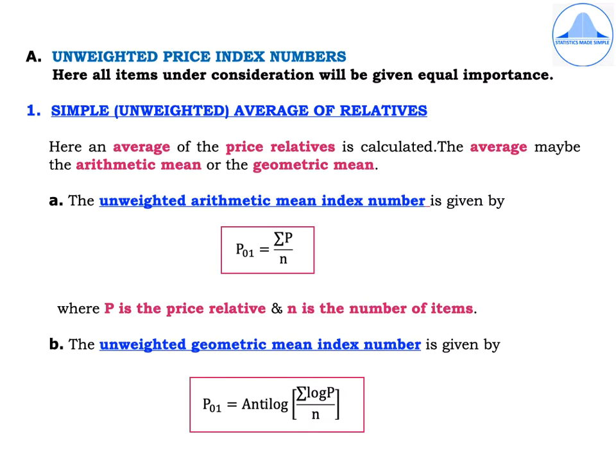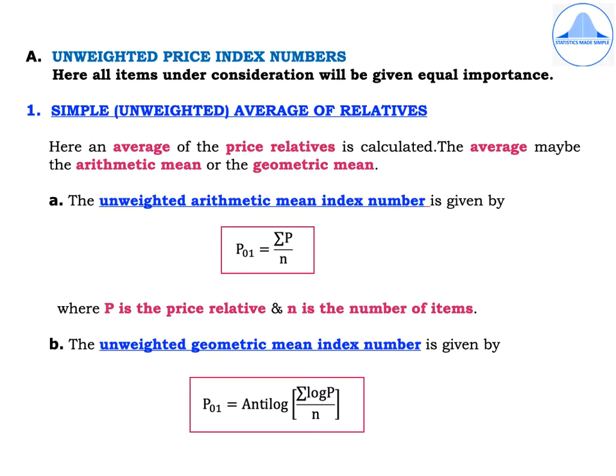When we hear the word relatives, we are talking about price relative, and you have learned in the first year syllabus different types of averages like the arithmetic mean, median, mode, geometric mean, and harmonic mean. But the two averages which are considered under index numbers are only the arithmetic mean and the geometric mean. So here we consider an average of the price relatives, and the average can be either the arithmetic mean or the geometric mean.